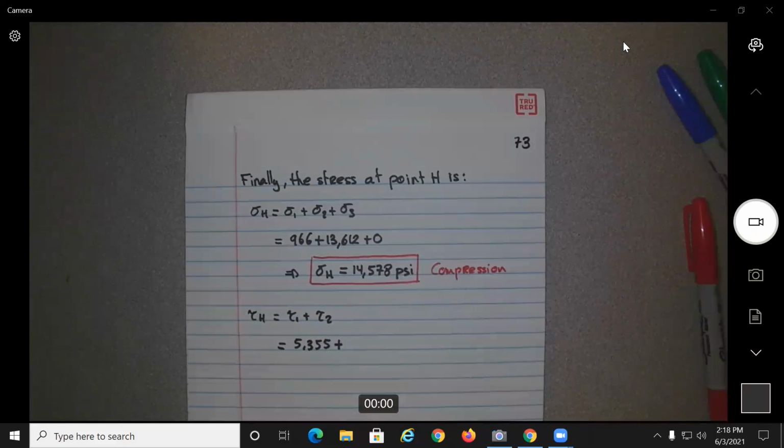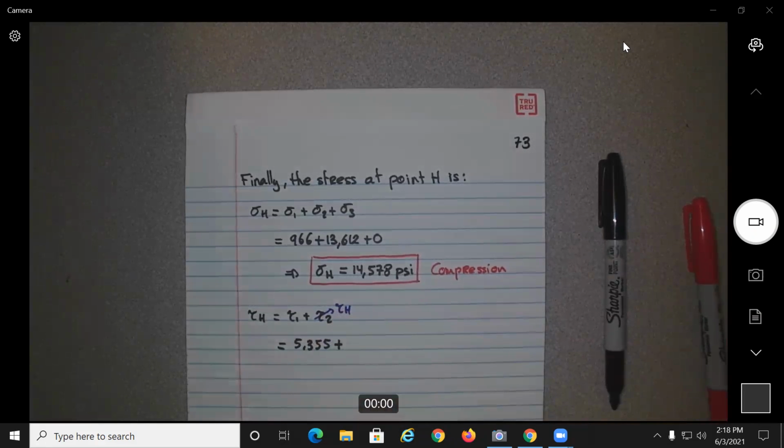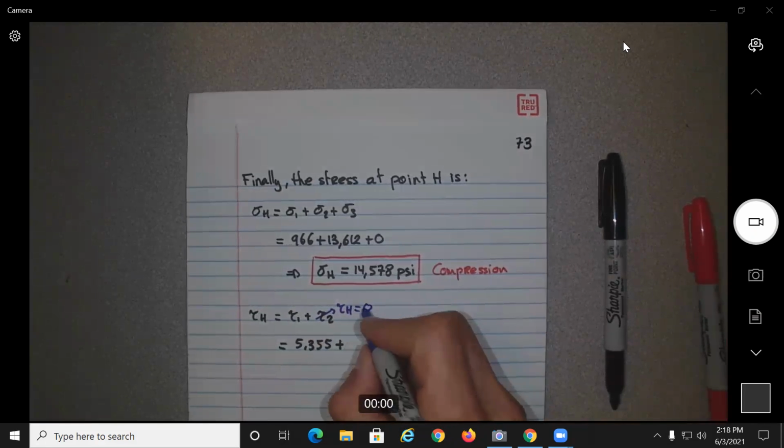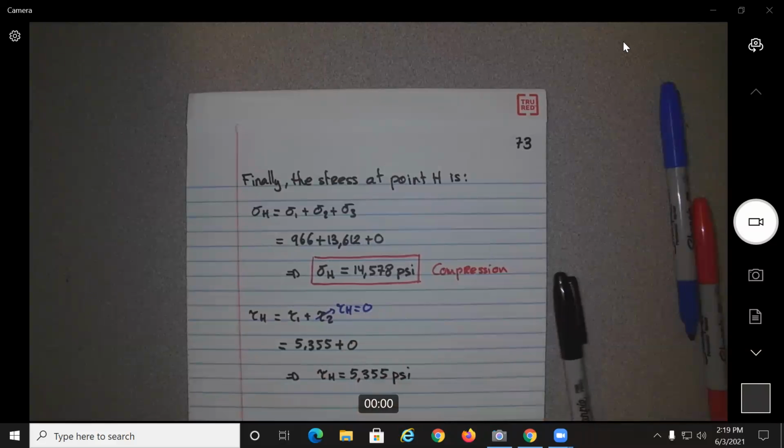Oh, we didn't call it. So we call it tau H, the one we call tau H, which is 0. So basically this will give you that tau sub H equal to 5,355 psi.